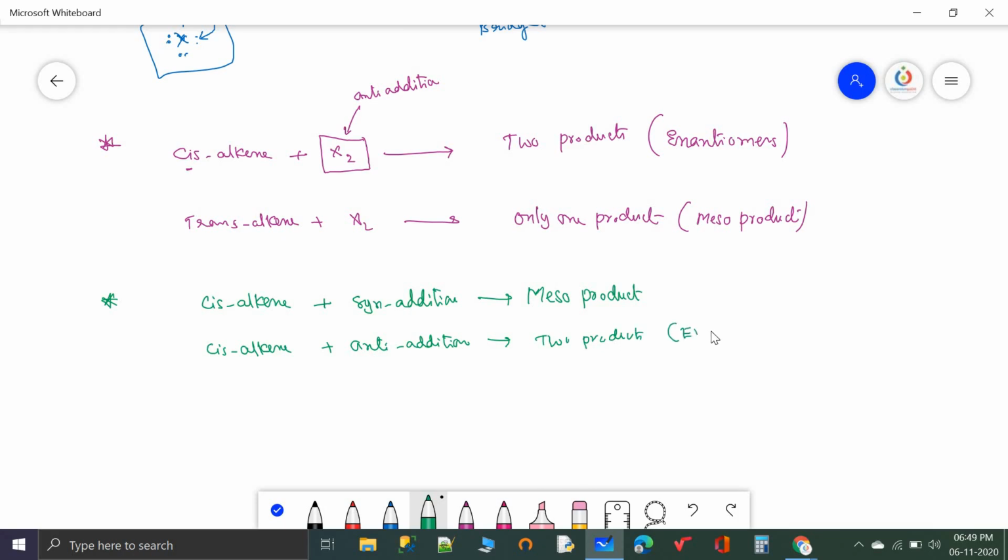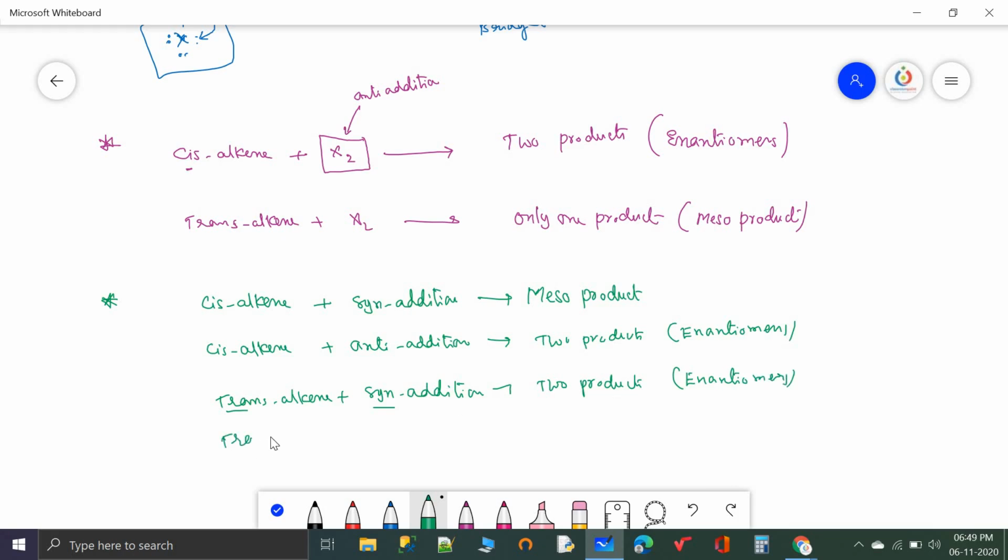These are enantiomers. Now you take the trans-alkene and syn addition is there. Again you will get two products, because this is a trans, this is a syn. Two products you will get. In most cases they are enantiomers.